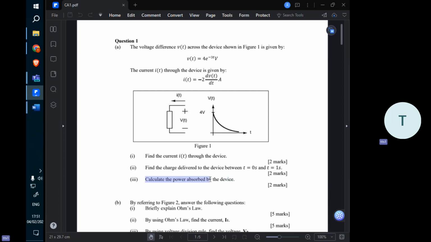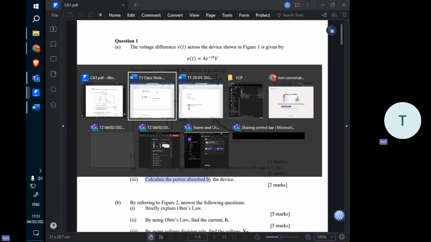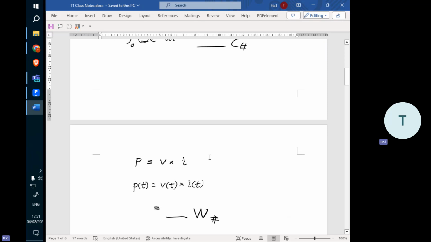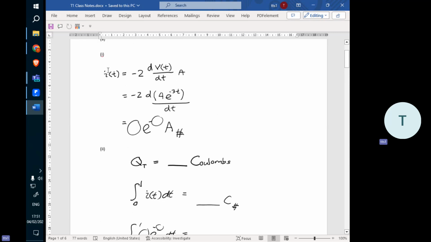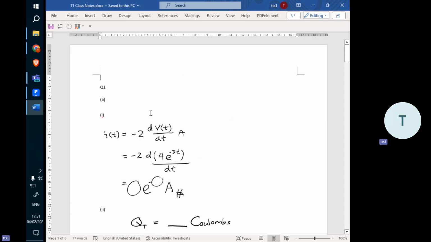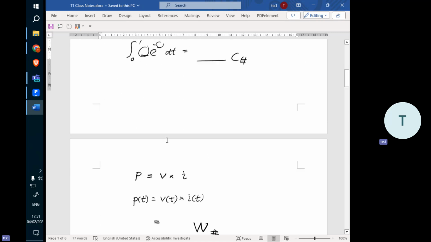Part 3, calculate the power. So for the power, we use the normal power equation, which is the voltage multiplied by the current. But this time, we need to take the voltage as a function of time and current as a function of time, from here, i(t) and v(t). Okay, we take these two, and then we multiply them together.